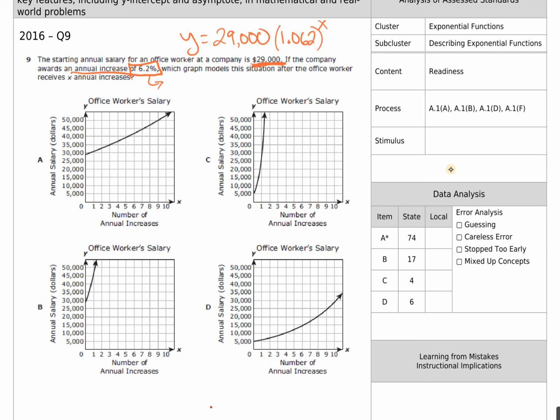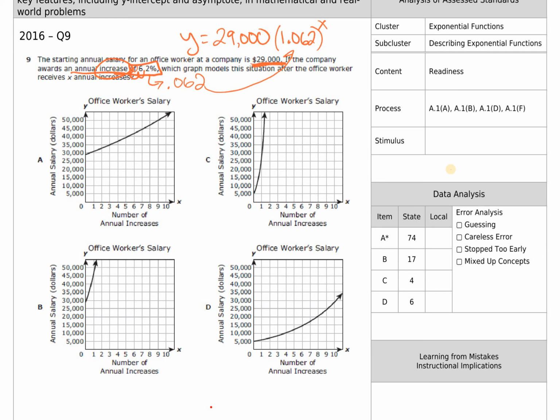We remember for percentages we have to turn it into a decimal by moving it over 2 places. That would give us 0.062, and we can't just put that straight into the parentheses because that is less than 1. It would show as decay, whereas this is supposed to be an increase. So we add 1. The 1 keeps it the same, and the 0.062 grows it by 6.2%.